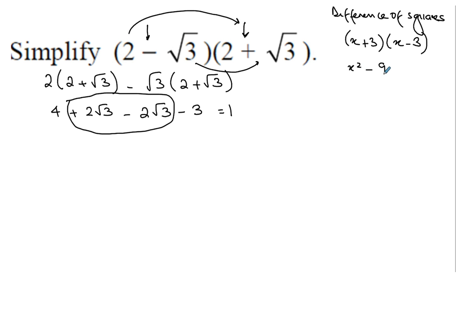Can you see that's a square and that's a square? So if anyone asked you to factorize x squared minus 9, all you have to do is say square root of x squared is x, minus square root of 9 is 3, and then the other bracket will be x plus 3.